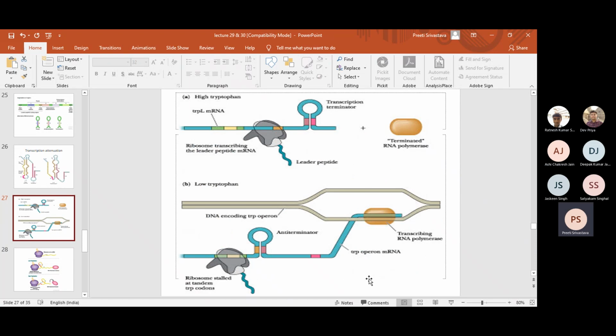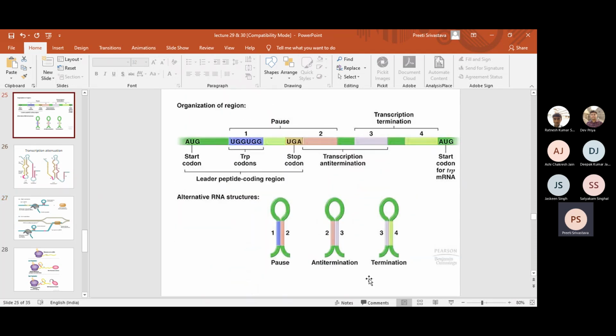Okay. So let us see what happens. When you have high tryptophan, class, if you remember in the figure over here, in region 1 there are two codons for tryptophan biosynthesis. So when you have high tryptophan, that means you have more amount of charged transfer RNA which is charged with tryptophan.